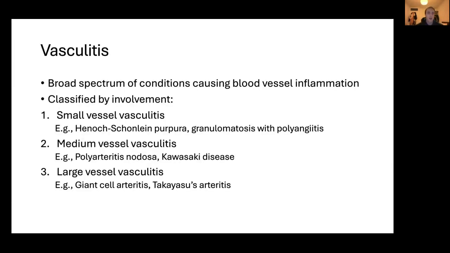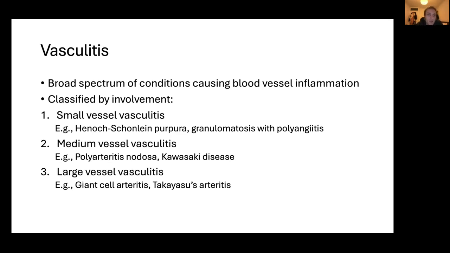So vasculitis is a large topic. It can be very limited in its presentation to just one organ, such as the skin or the kidneys, or it can be multi-system and mimic lots of other conditions. So we really classify it by its involvement, and that means, broadly speaking, it causes inflammation of the blood vessels, but it depends on which blood vessels it is causing inflammation within.